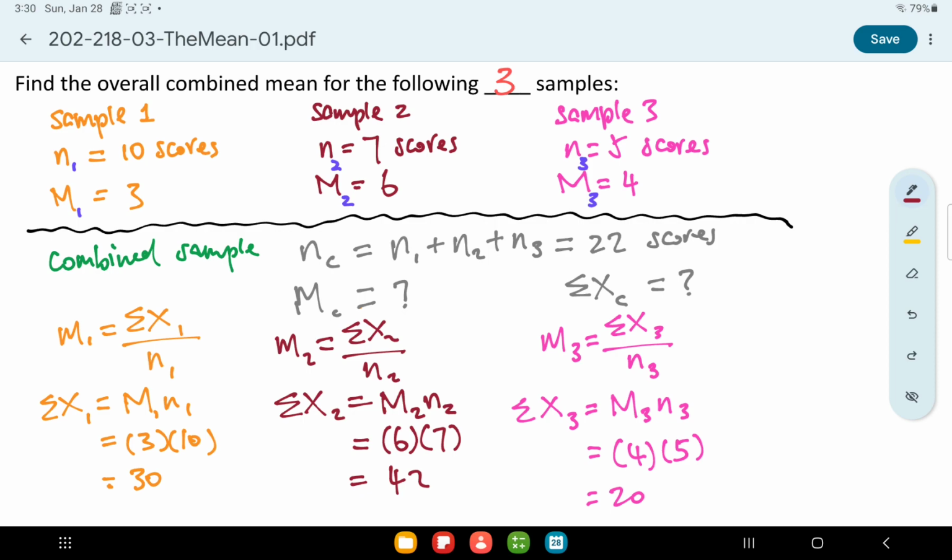Now, in order to figure out the mean of the combined sample, M subscript C, we need this information. We need the sum of x's in the combined sample divided by the number of scores, okay?